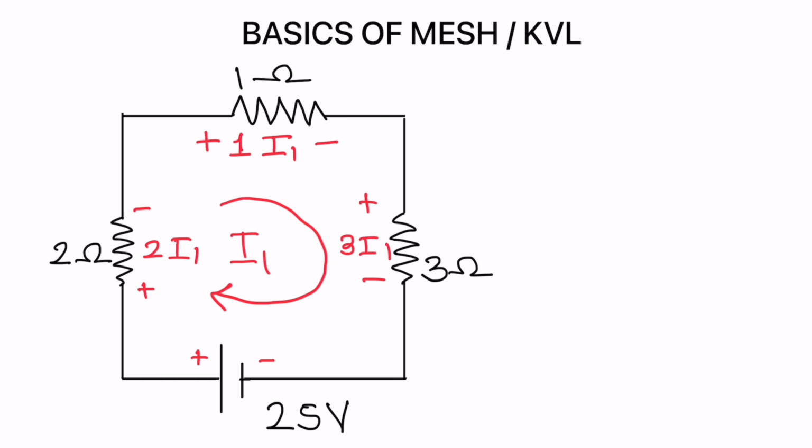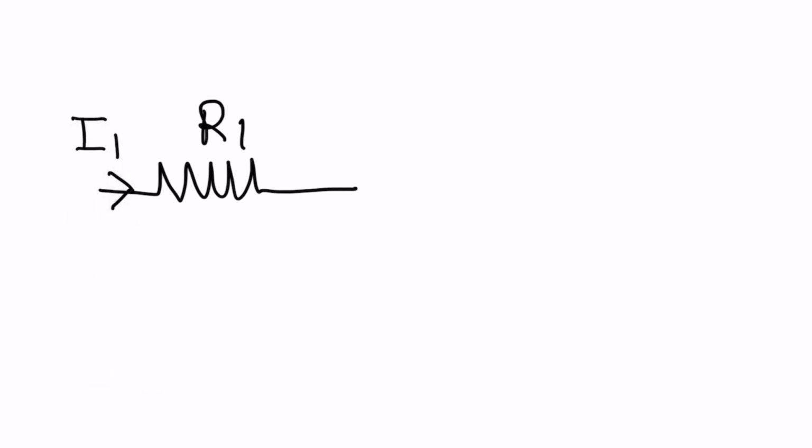But first, let us understand the convention, how we write down the algebraic sign for any voltage drop across a component. So let us quickly see that. Assume there is a resistor R1 and current I1 is flowing through the resistor like this. So the drop across the component will be given by I1 R1 as per the polarity shown in the figure.